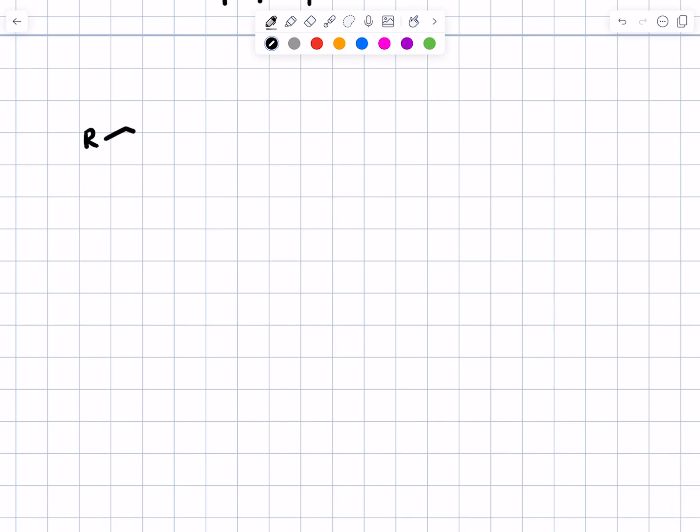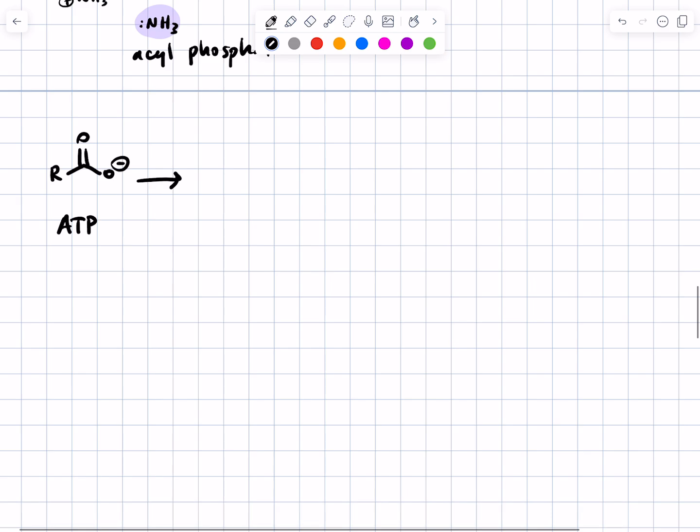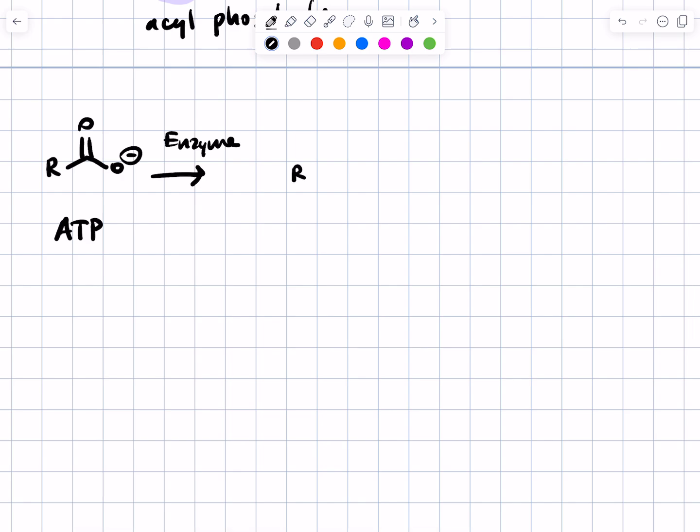So nature will take a fatty acid and it will take ATP and use an enzyme, and I'm not going to show you this mechanism or even worry about it, to make the following. We'll deal with this later in our chapter on metabolism. It's going to make the following acyl phosphate.